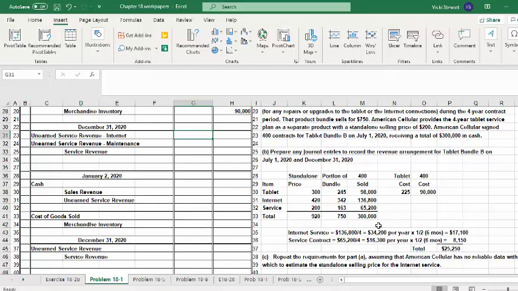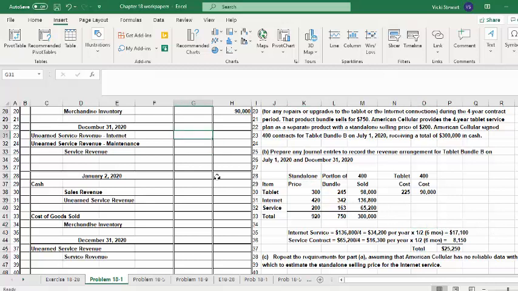So first you're going to determine the amount. You would take the total amount and divide it to get the yearly amount, $34,200 for internet and $16,300 for the service contract. But because these have only been outstanding for half a year, you would only record one half of that amount.